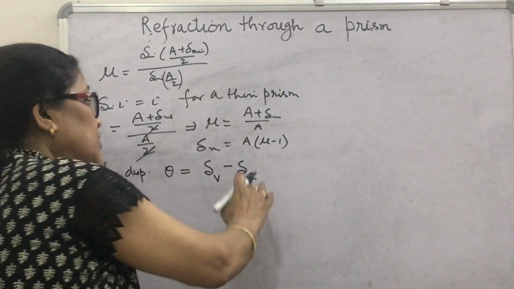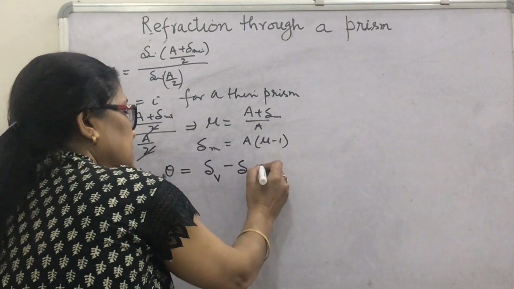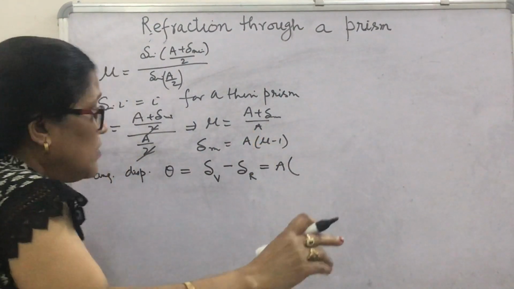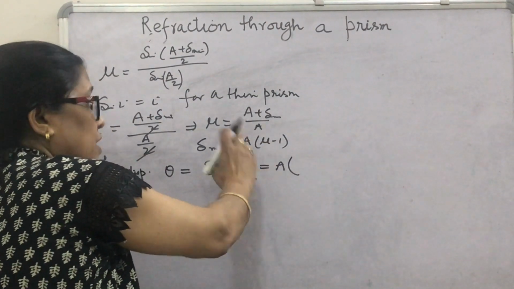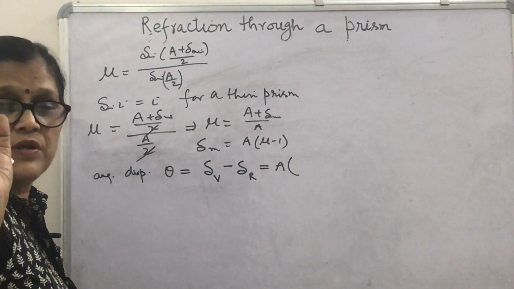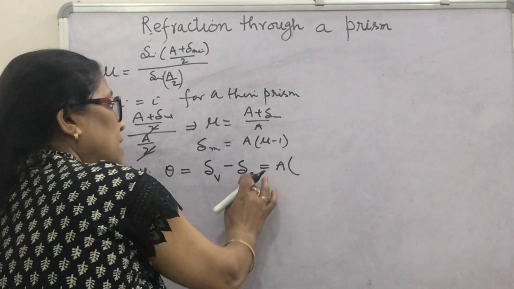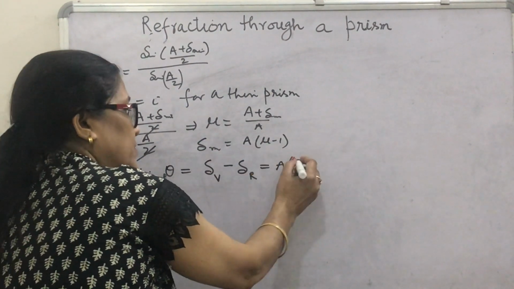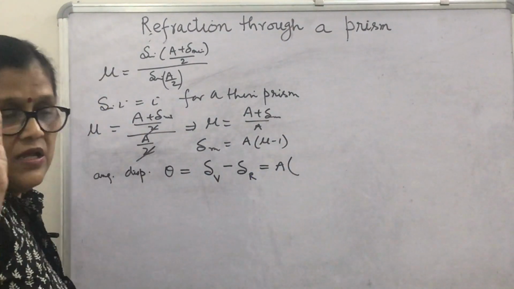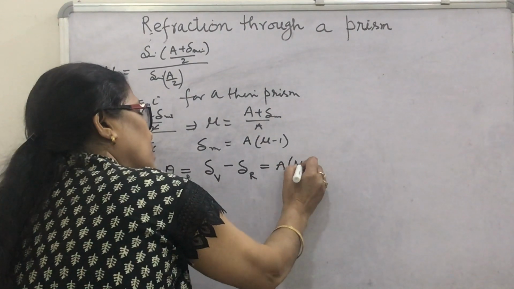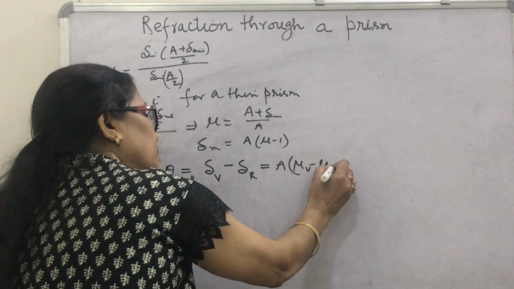It can also be written by this relation, that is A within bracket mu minus 1. So, the angle of prism is constant, and if you put mu V and mu R, since different colors have different refractive indices, the angular dispersion is A times mu V minus mu R.